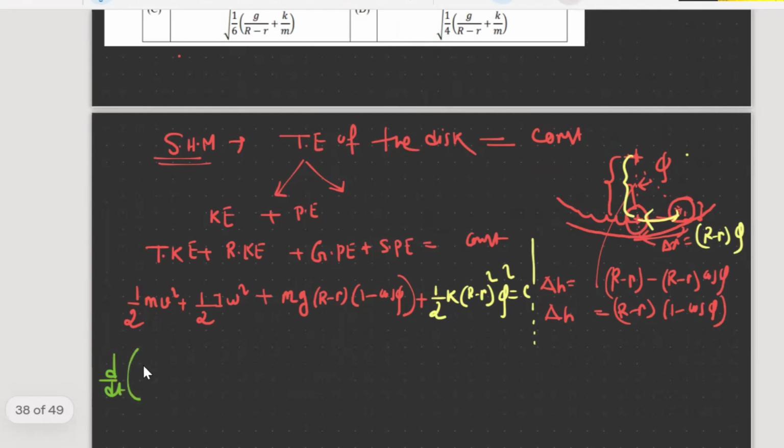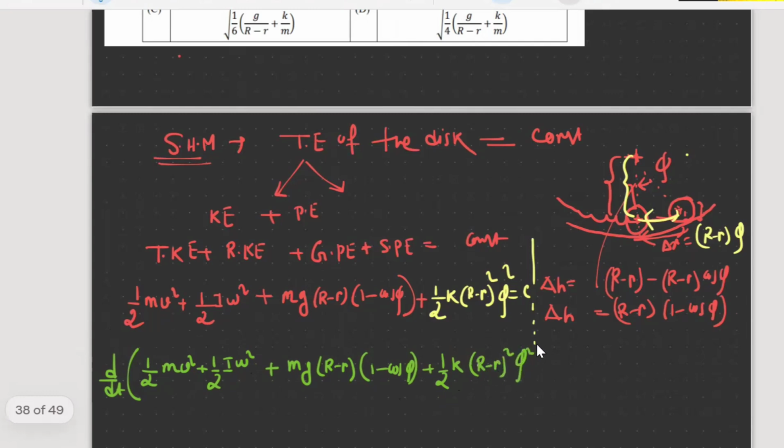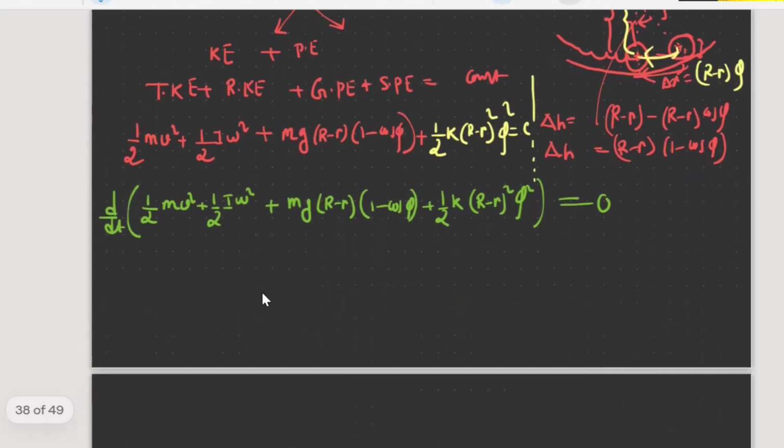So half mv square plus half of I omega square plus mg (capital R minus small r)(1 minus cos phi) plus half of k (R minus r) square phi square. The entire thing should be 0 when differentiated, because total energy is constant.